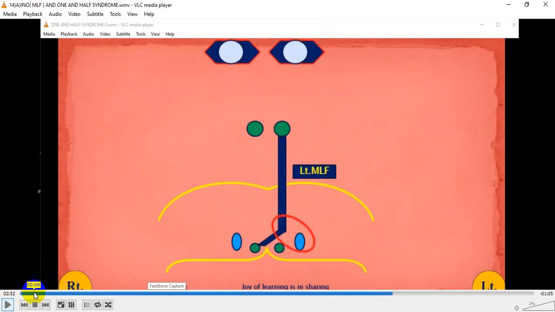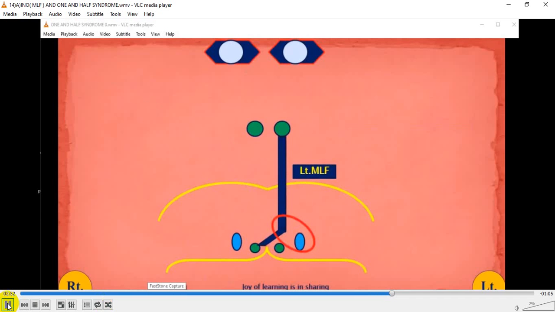Now if you get damage here, that is the PPRF and left side medial longitudinal fascicle, this is the posterior part of the pons. So if you get damage here, you will have a gaze palsy with even what we call internuclear ophthalmoplegia, and then we call that 1.5 syndrome.